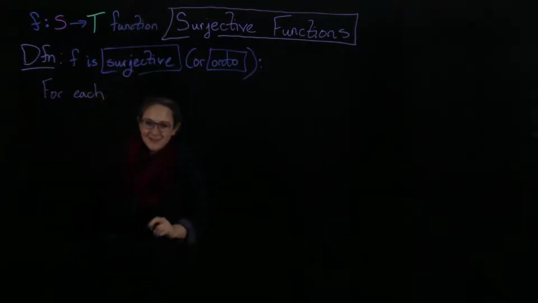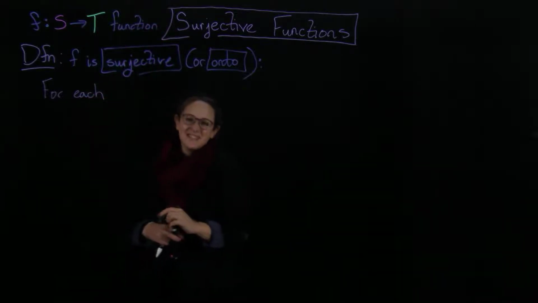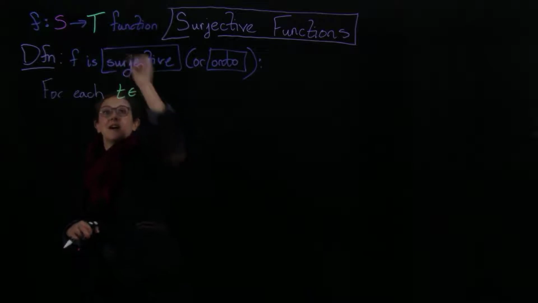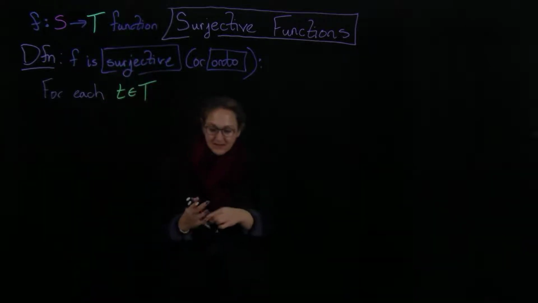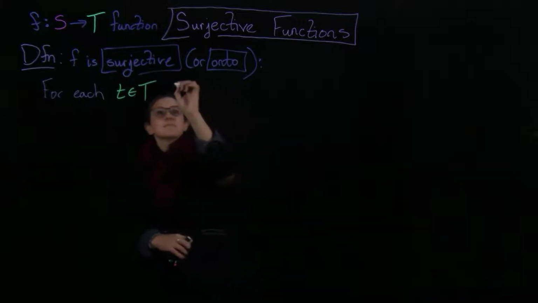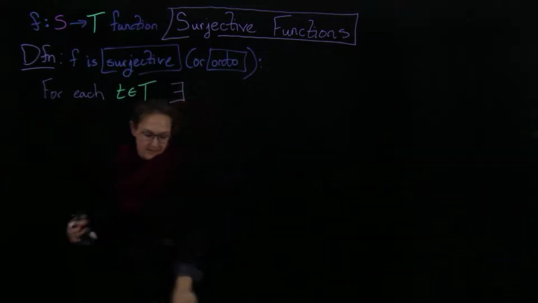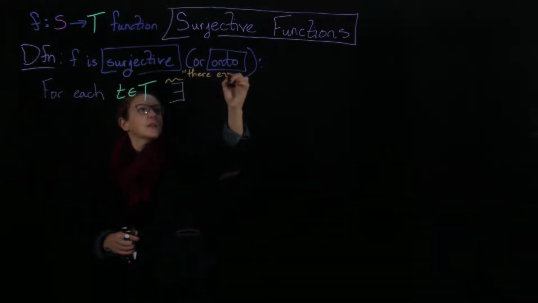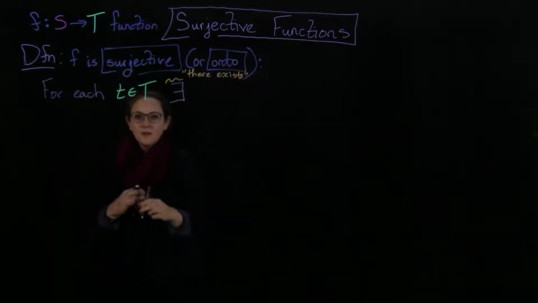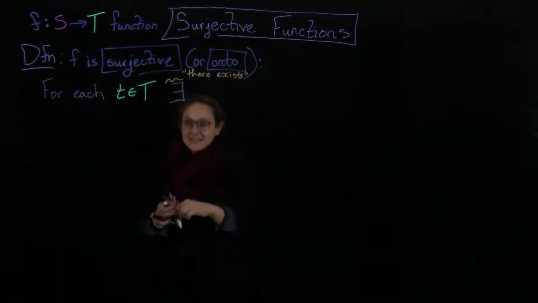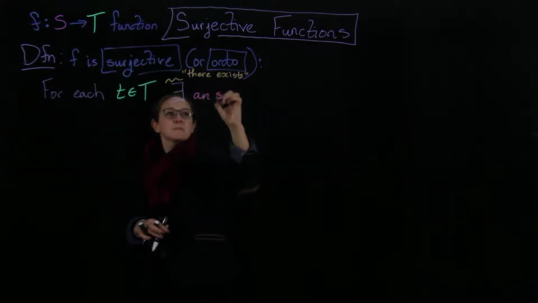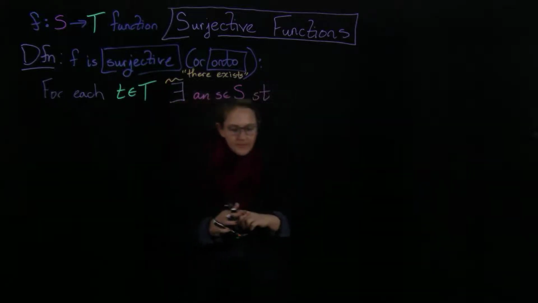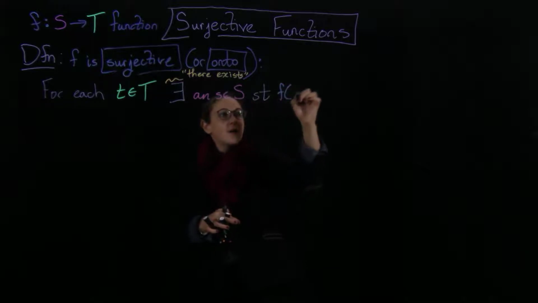Then we say that f is surjective if for each t in our codomain T, there exists, just to remind you, this symbol means there exists, an s in S so that if we take f of s, we get out t.